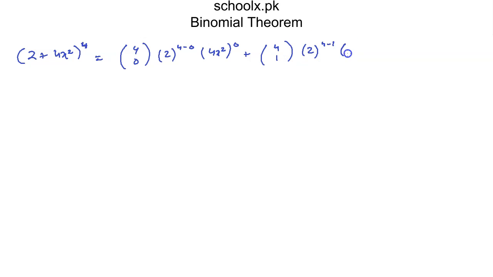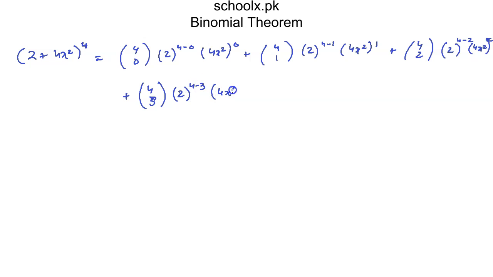2^(4-1) into (4x²)^1 plus 4C2 into 2^(4-2) (4x²)^2, then plus 4C3 into 2^(4-3) into (4x²)^3, plus 4C4 into 2^(4-4) (4x²)^4.